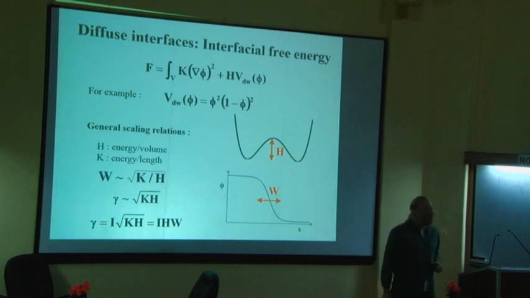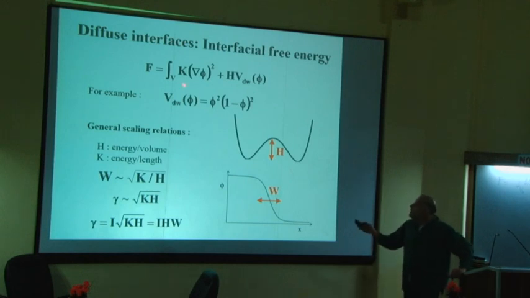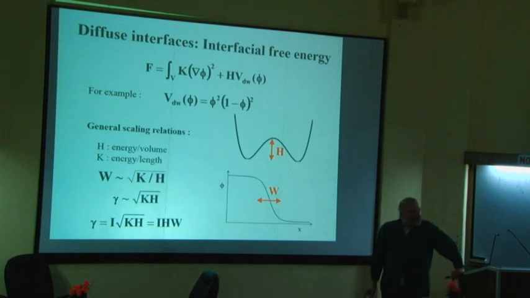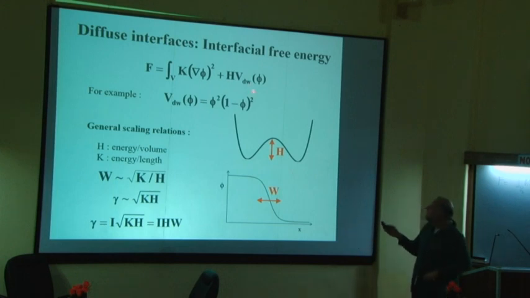So we'll start with the interface free energy, and of course we have seen how we can do that. We want to describe the interfaces with the phase field, so we write down a Ginzburg-Landau free energy functional with a double well function dw, and with the two constants k and h that we have had all the time.